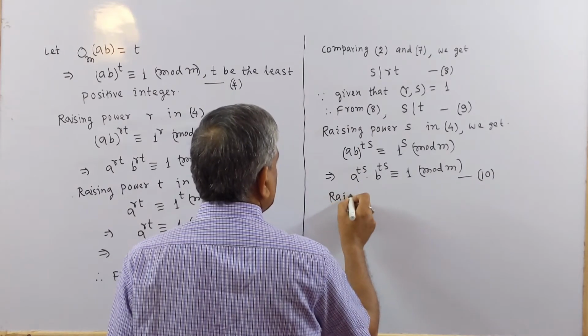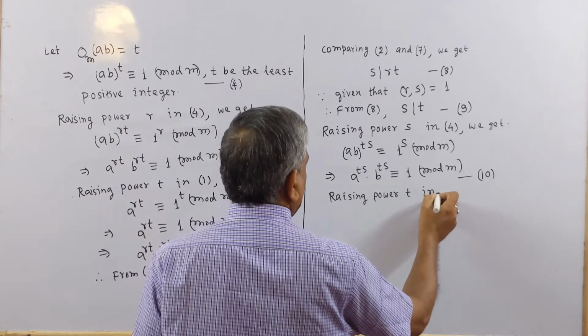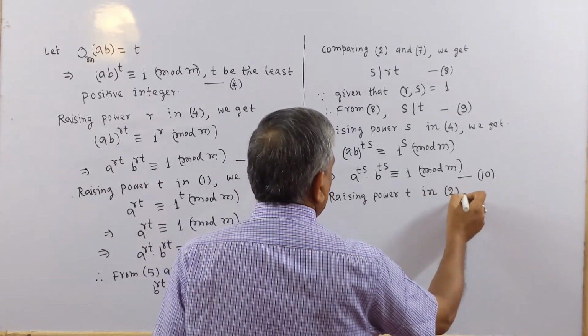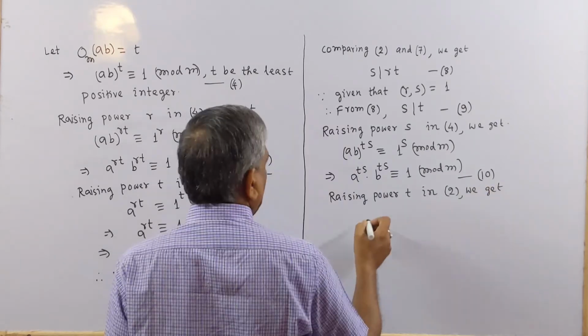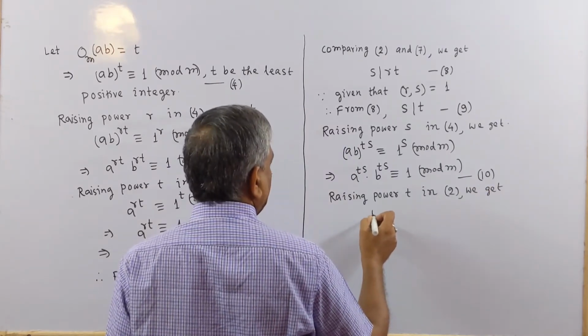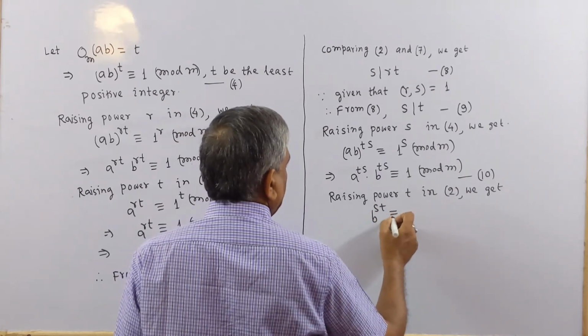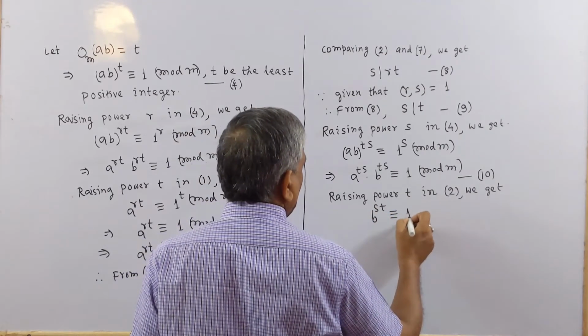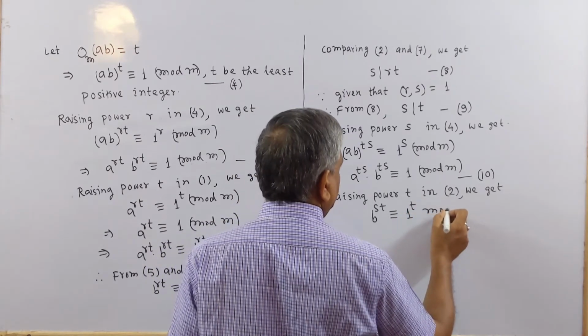Raising power t in 2, we get b to the power st is congruent to 1 to the power t modulo m.